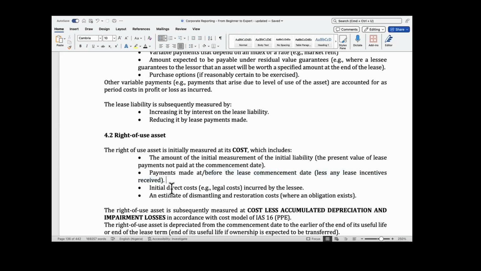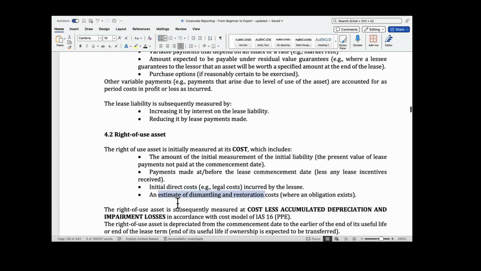And if there is any directly attributable cost, it should be added. And also, if there is any estimate of dismantling and restoration cost, that should also be added. So that's how you measure the right of use asset at the beginning of the year.